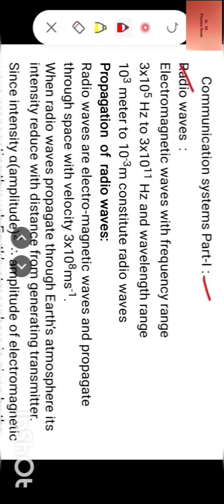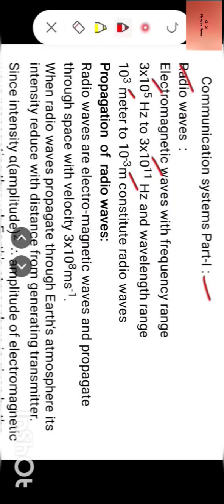Electromagnetic waves with frequency range 3 into 10 raised to power 5 Hertz to 3 into 10 raised to power 11 Hertz and wavelength range 10 raised to power 3 meter to 10 raised to power minus 3 meter constitute radio waves.